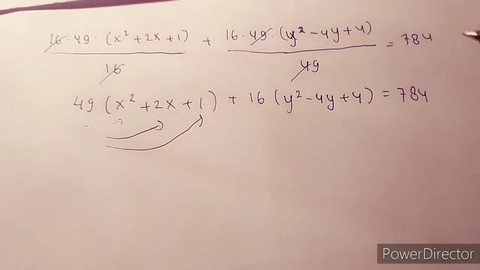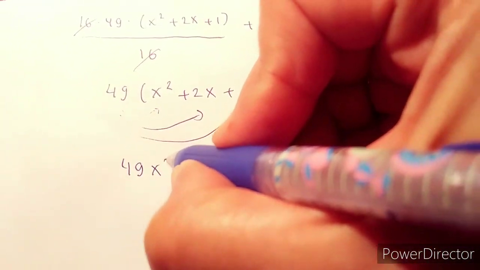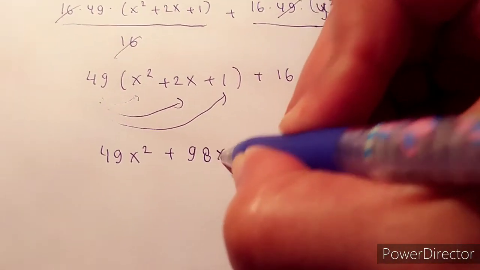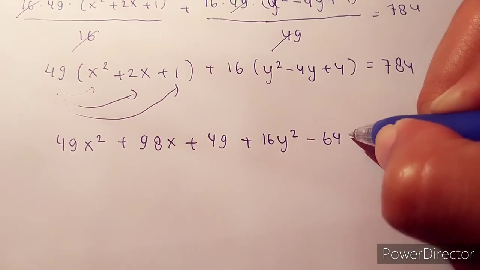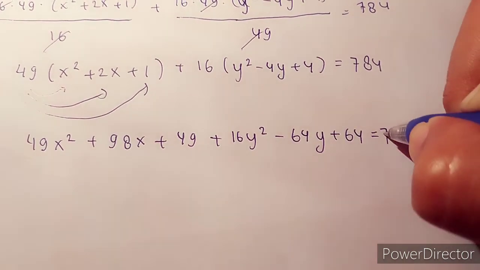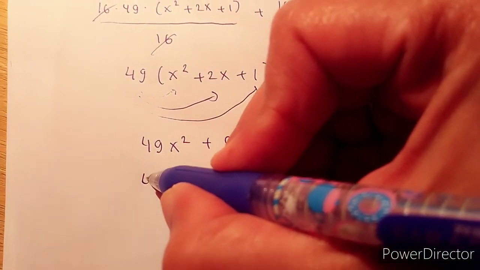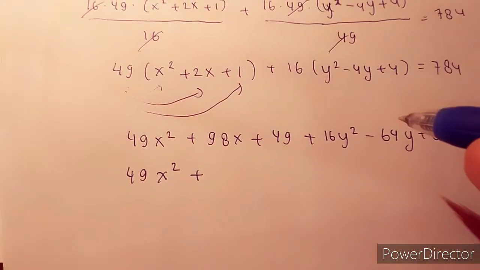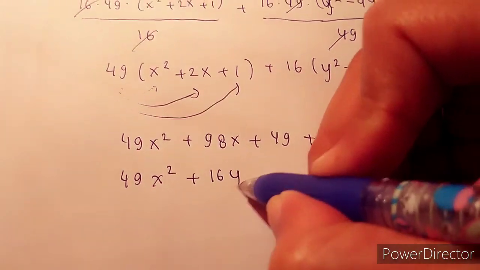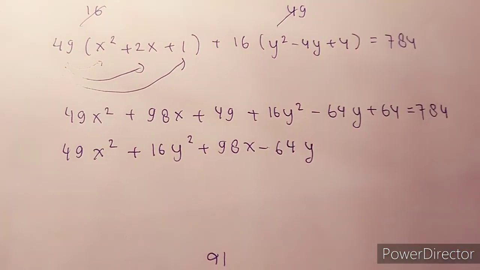And we need to apply the distributive property, multiplication over addition. So we have 49x squared plus 98x plus 49 plus 16y squared minus 64y plus 64 equals 784. And let's arrange this in order to match the general form of a quadratic relation. The x squared first, and then the y squared, and then the x, and then the y, and then the numbers.